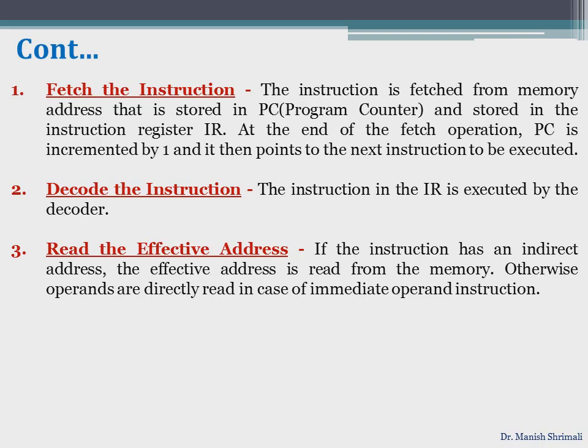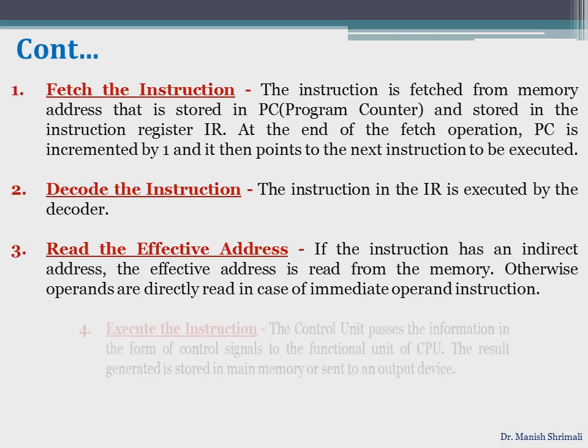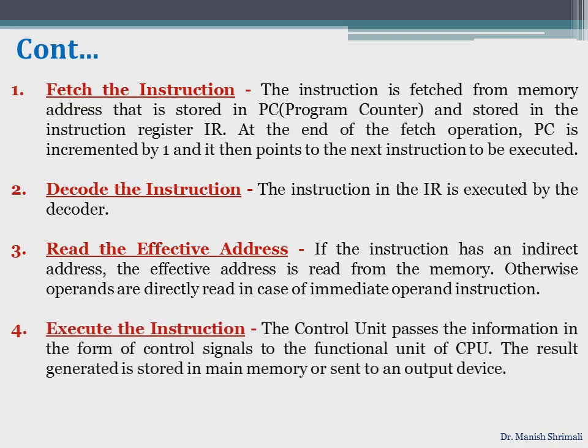Then finally there is execute the instruction. The control unit passes the information in the form of control signals to the main functional part of the CPU. The result generated is stored in main memory or sent to the output device. So this is how fetching, decoding, reading the effective address and executing the instruction takes place in a cyclic manner.